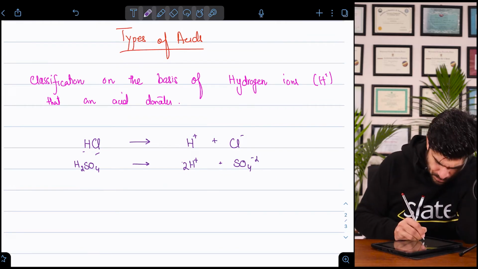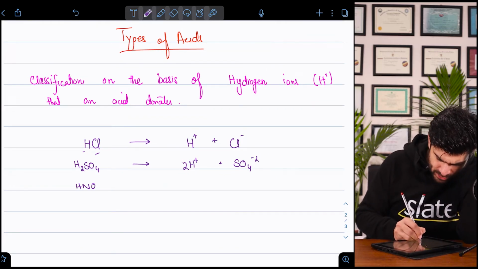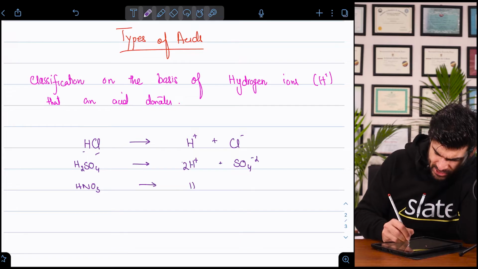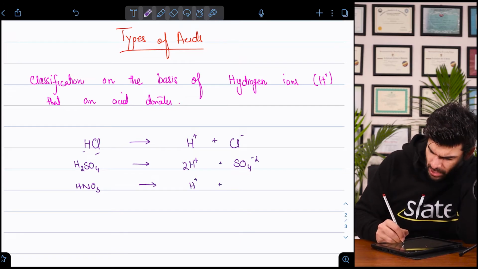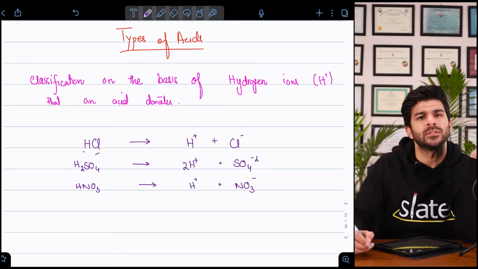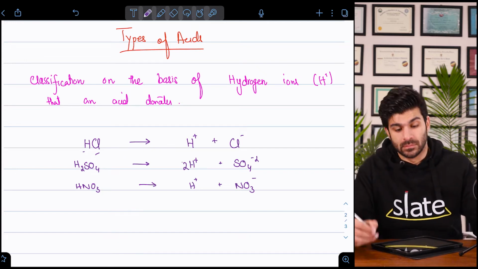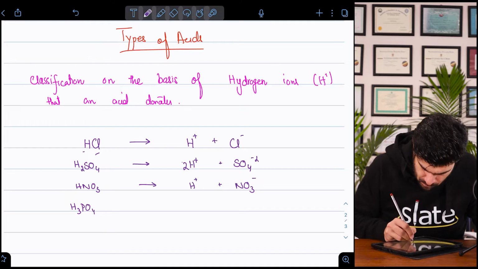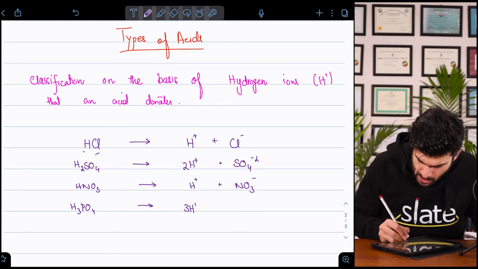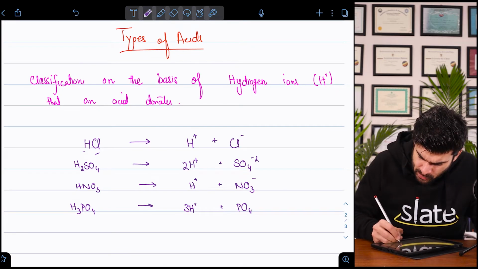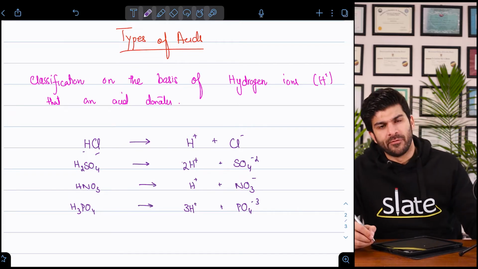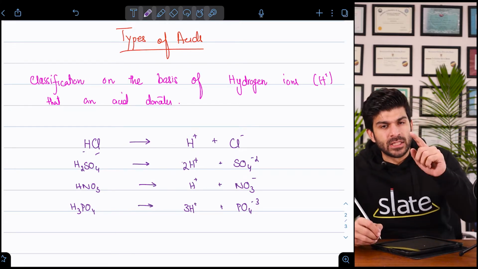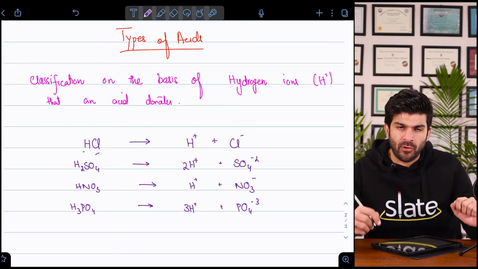Now lastly, HNO3, it's H plus and nitrate ion, NO3 minus. Again, it's the same thing. Phosphoric acid gives 3H plus and the phosphate ion, which is PO4 minus 3. We have done the crisscross method in the video on moles, on how we form the formulas.